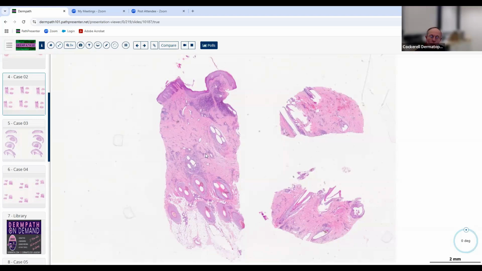So as we're looking at this one, what do you think's going on here? You think there's inflammatory or non-inflammatory here? I do think there's inflammatory. Yeah, mixed inflammatory pattern. And where's that inflammation located? Located around the hair follicle and the dermis. Yeah, good. It's targeting the follicle.